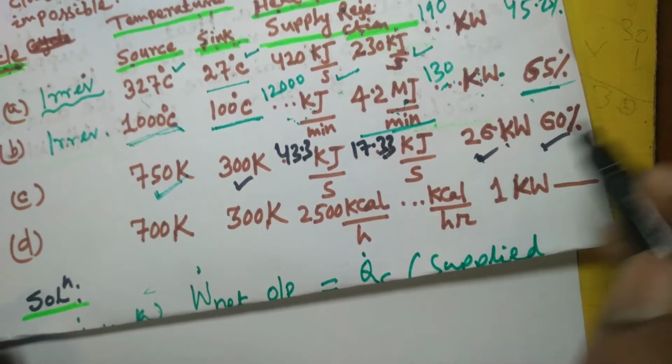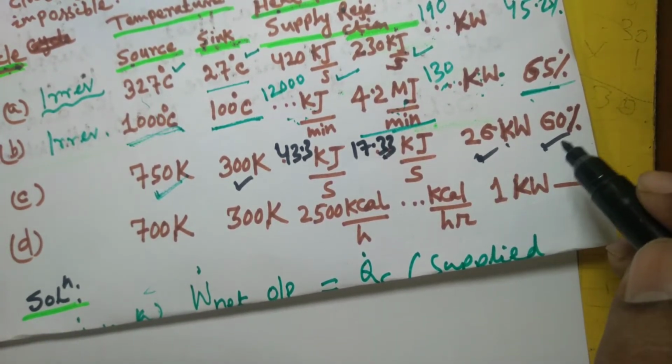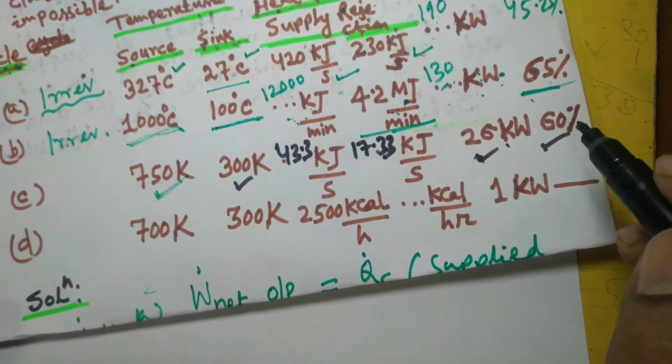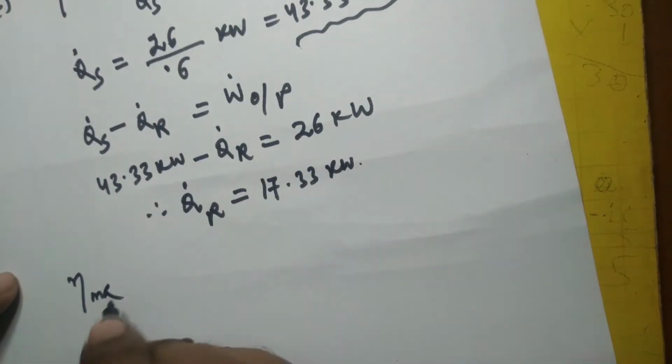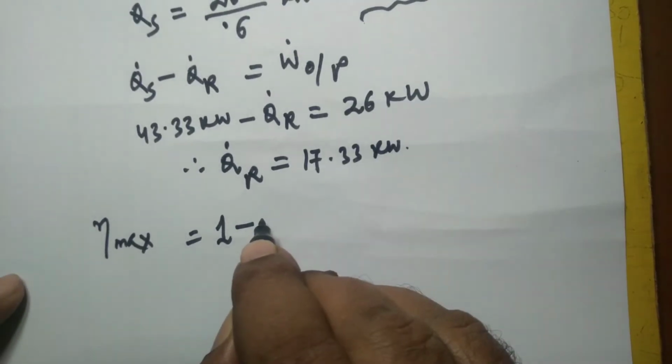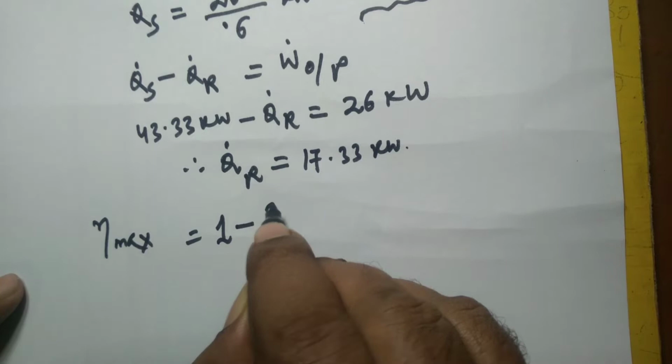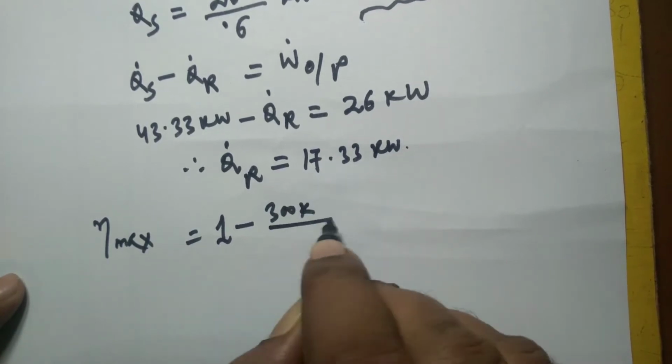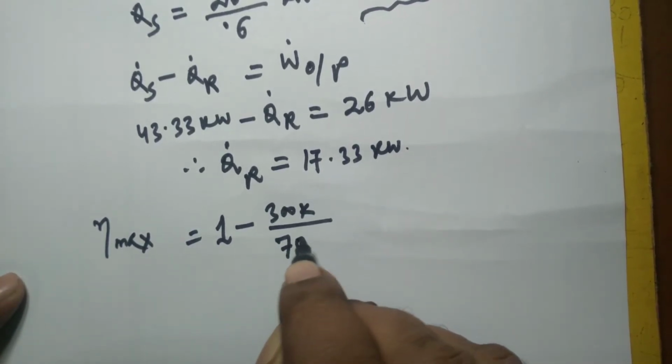So now we have got to classify it as reversible or irreversible or impossible. So now you see, what is the maximum possible efficiency? The maximum possible efficiency is 1 minus sink temperature, which is 300 Kelvin, divided by 750 Kelvin.